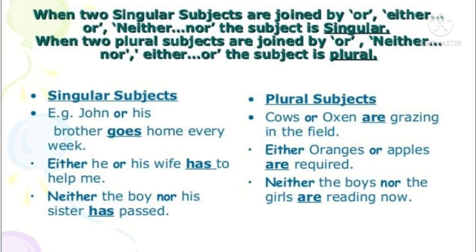See the example. Cows or oxen are grazing in the field. Cows and oxen, both are plural. If both are plural, we have to take the verb as plural. If both are singular, we have to take the verb as singular. And if we are having the combination, one is singular and one is plural, we have to take the verb according to the subject nearer to the verb.